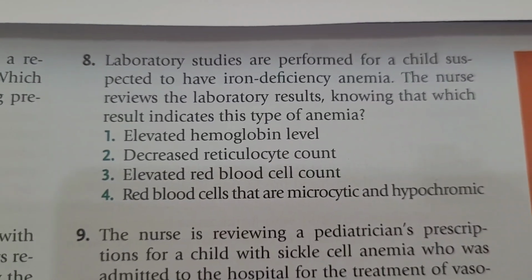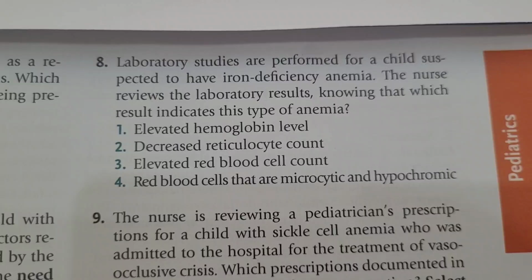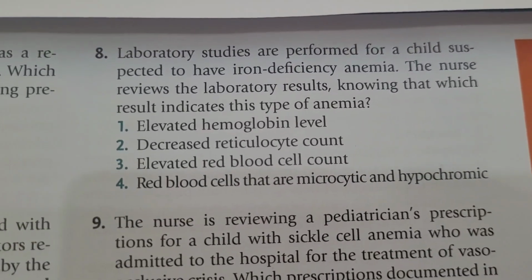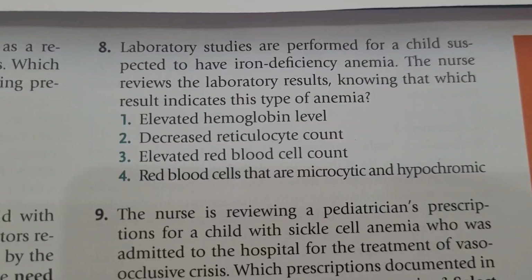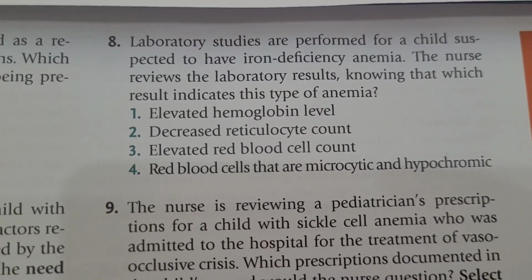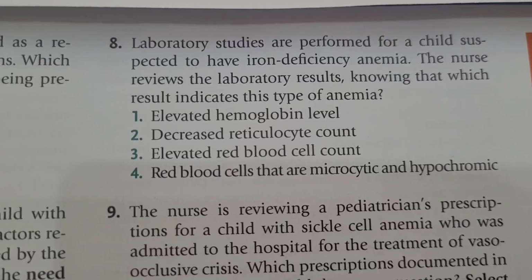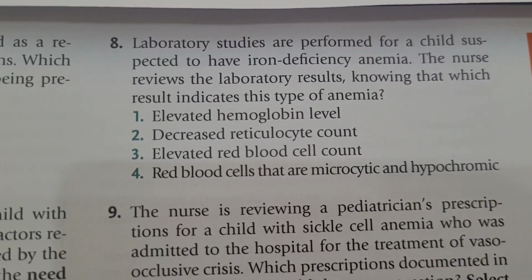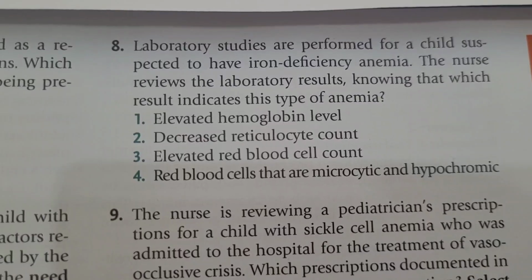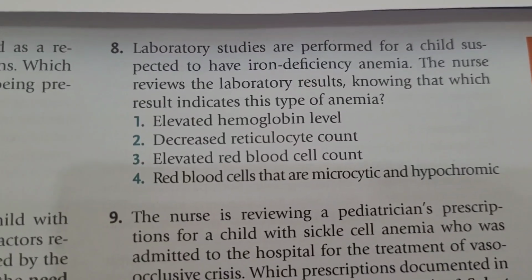Actually, iron deficiency anemia, as I told you, is when iron stores are depleted, resulting in a decreased supply of iron for the manufacture of hemoglobin in the red blood cells. So what is happening? The result of a complete blood cell count in children with iron deficiency anemia shows decreased hemoglobin level and microcytic and hypochromic red blood cells.